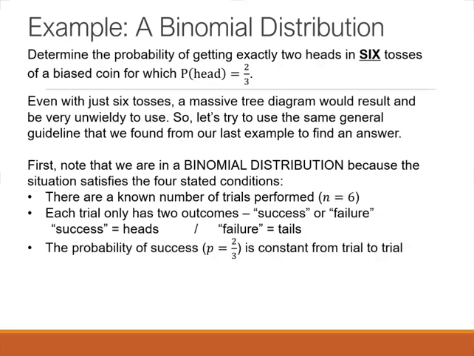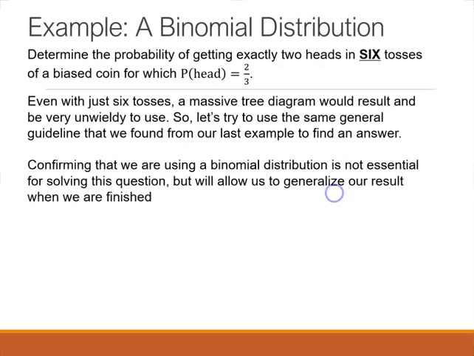The probability for success is known, it's 2/3, and it's a coin, so it's going to stay fixed at 2/3. And I know that these coin flips are independent of one another, so that's the conditions for a binomial distribution. Everybody's cool? Okay.